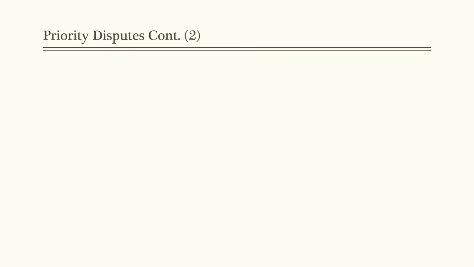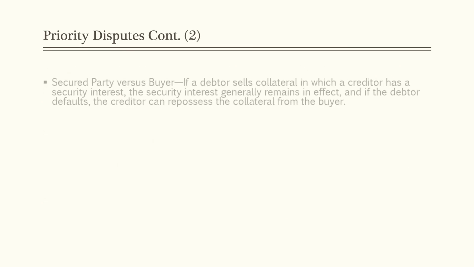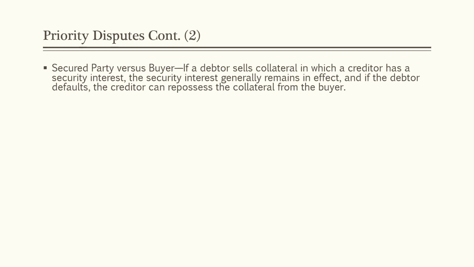There are other types of priority disputes. These can arise between secured parties and third-party buyers who have possession of collateral. If a debtor sells collateral in which a creditor has a security interest, the security interest generally remains in effect, meaning it travels with the collateral. And if the debtor defaults, the creditor can repossess the collateral even from a third-party buyer.